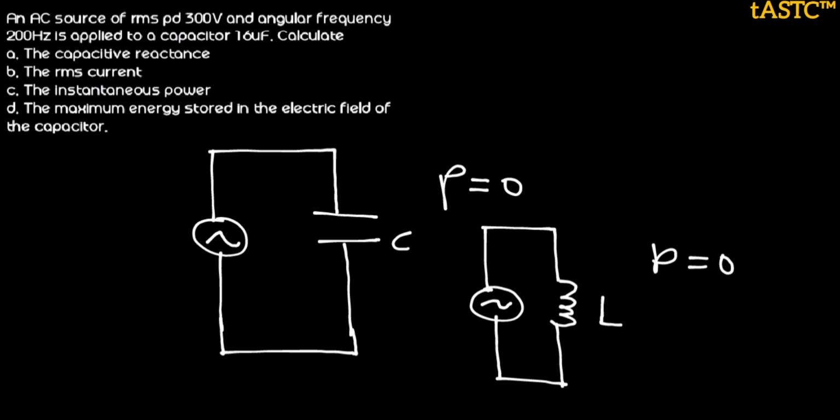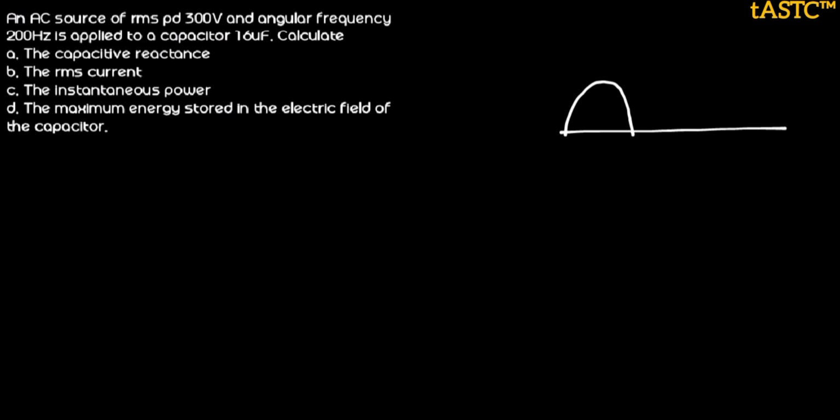The power which was generated in the first half of the cycle would be ultimately returned in the second part. So because of that, the power would always be equal to 0. So here, P is equal to 0.